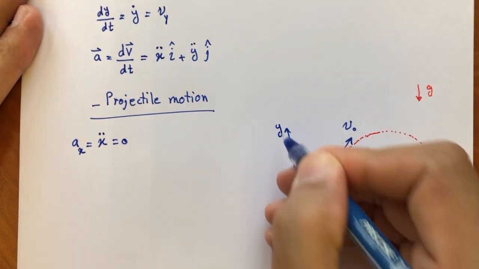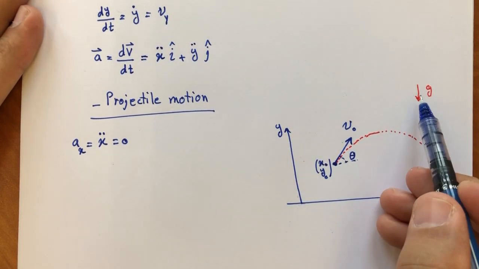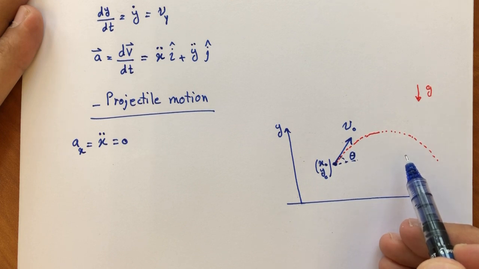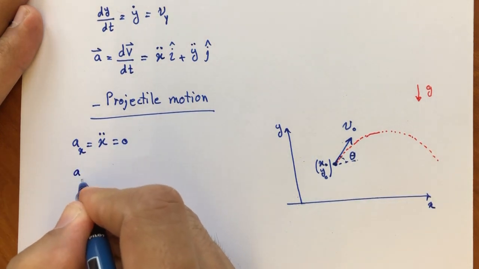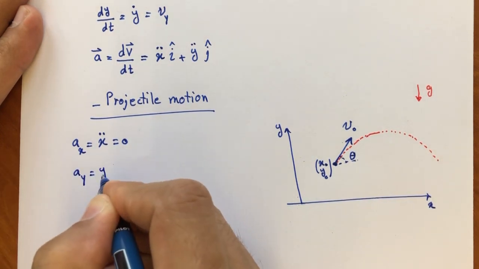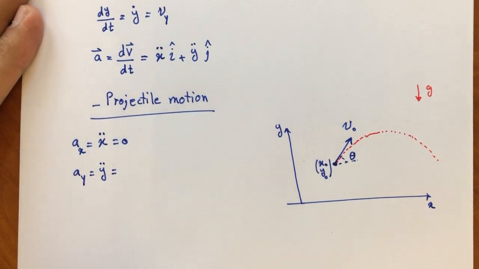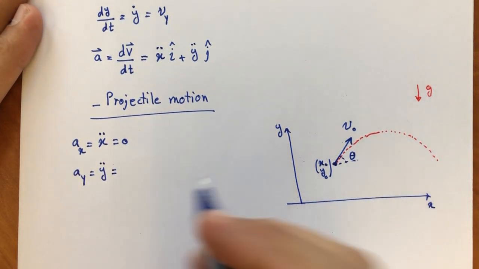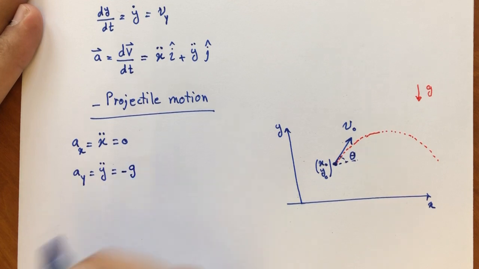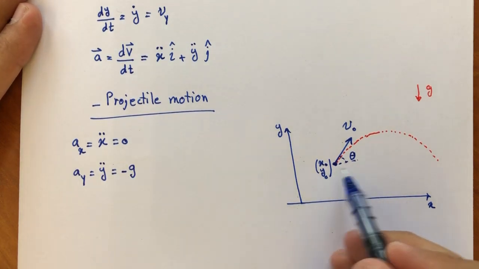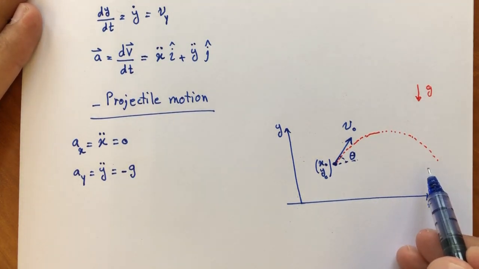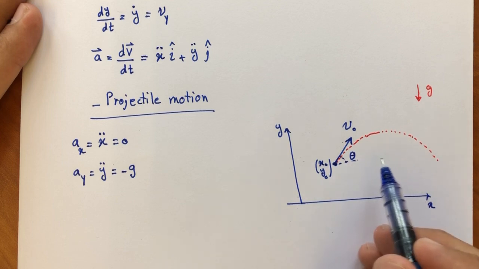And for the y direction, we always have gravitational acceleration downward. So acceleration in the y direction, or y double dot, is going to be equal to, because it is downward, negative g. So acceleration in the x direction is 0, because there is no drag of the air, there is no force.